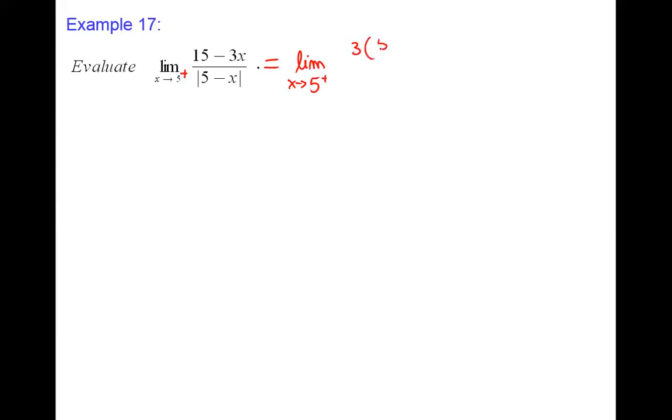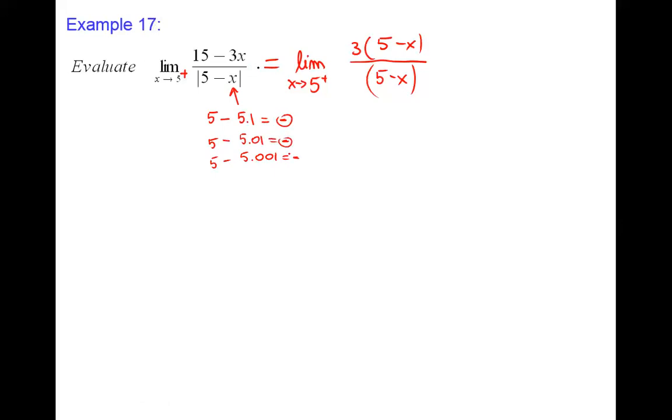I factor out 3 from the numerator, 3 times (5 minus x). And in the denominator, I have 5 minus x, but I have to investigate the sign. Okay? So let's see, x is approaching 5 from the right-hand side, 5.1 or maybe 5.01, 5.001. And then we have 5 minus 5.1, it's actually a negative number.